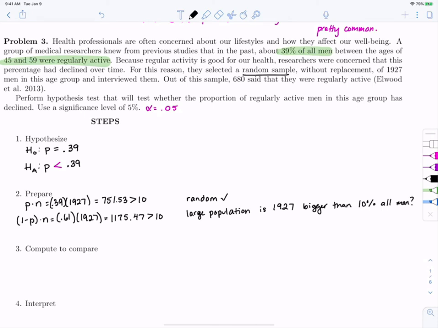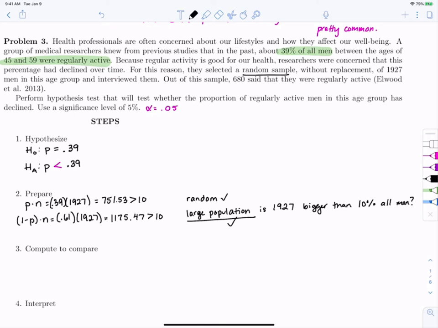Even if we were just restricting ourselves to this age group, even if we were just restricting to the US, there are still more than 10,000 men in the country, right? Or 20,000 men in the country. So because of that, we definitely have a large population of men. We don't need to worry about that in this case.